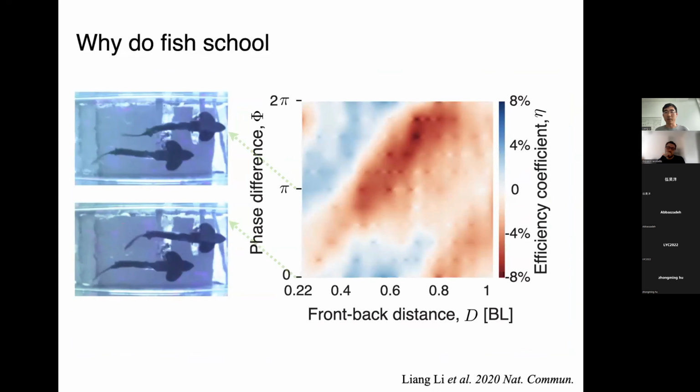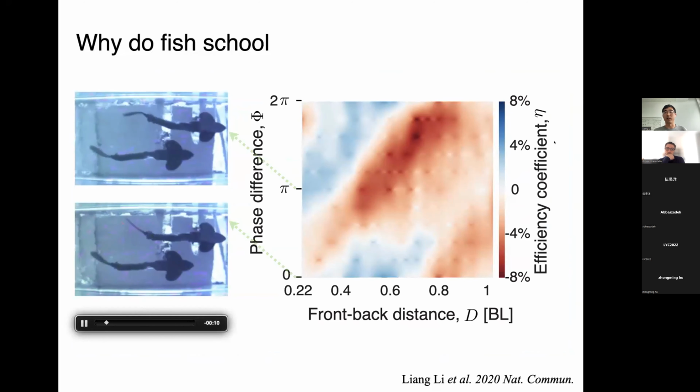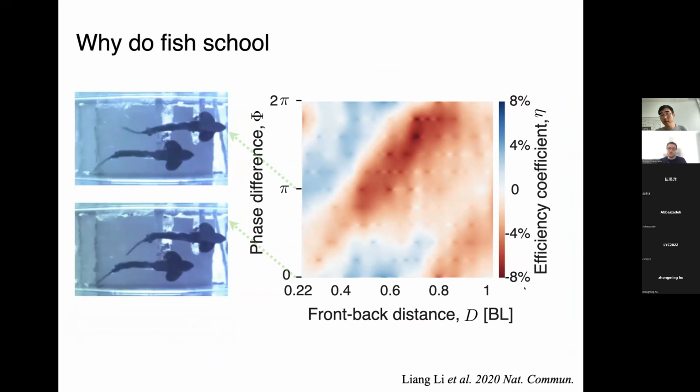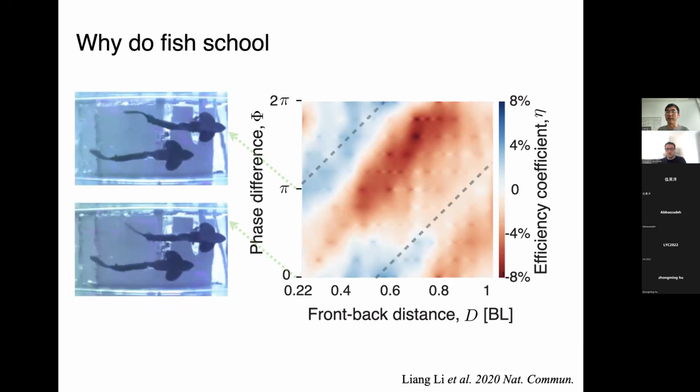We compare the energy cost of the follower when it swims in the group and when it swims alone, and then we get this efficiency coefficient. A positive value means energy saving when the follower swims in a group, and a negative value means energy cost. So you can see there's a linear correlation between phase difference and front-back distance when the follower saves energy. It's the blue area here.